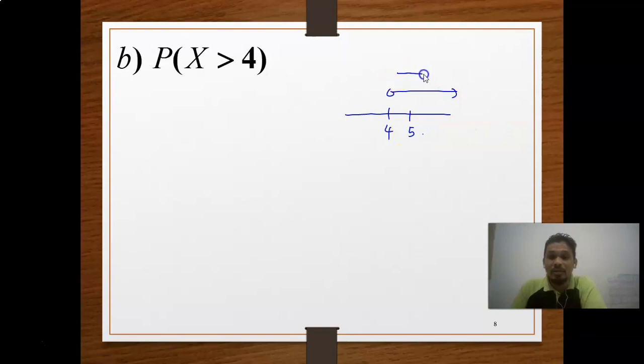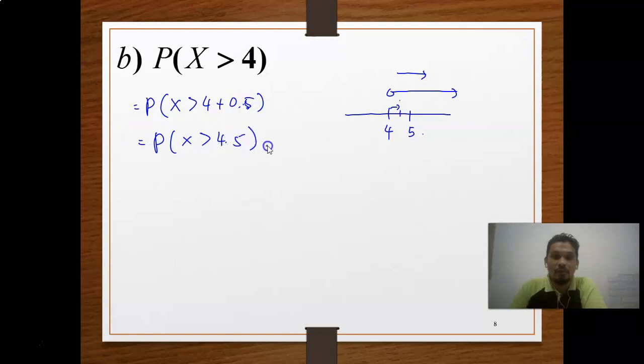So same direction to the right, but this time it does not include 4, so we take a 0.5 step to the right and then continue straight to the right side here. So this is the probability of x greater than 4 plus 0.5. So it is the probability of x greater than 4.5.